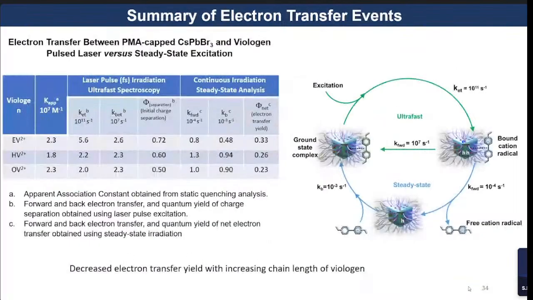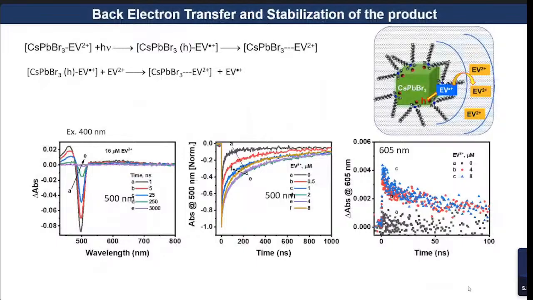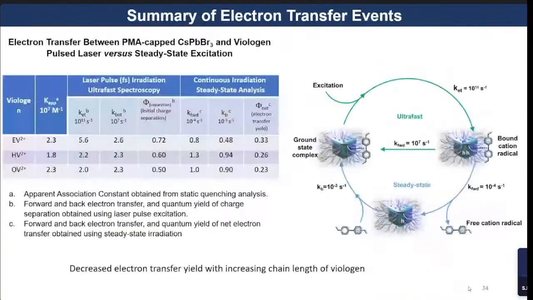To sum up, what I showed you was a very simple system we started with, a hydrogen system in cesium lead bromide. When you try to dig in more, you can get more information. First, we used different hydrogens, ethyl hydrogen, heptyl hydrogen, and octyl hydrogen, just to see any chain length dependencies. But we did not see any chain length dependency.